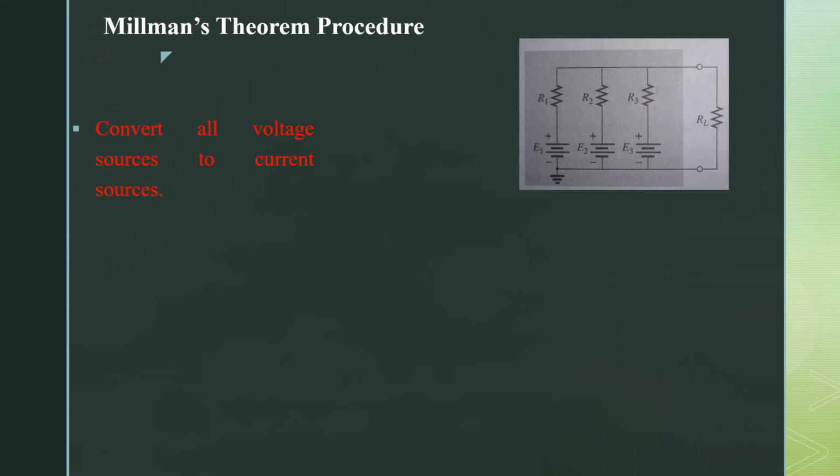Now let's discuss the Millman theorem procedure. First of all, for example, if we have three different sources in parallel, E1, E2, E3, with the parallel resistors R1, R2 and R3, in the first step, convert all the voltage sources to current sources using source transformation theory.